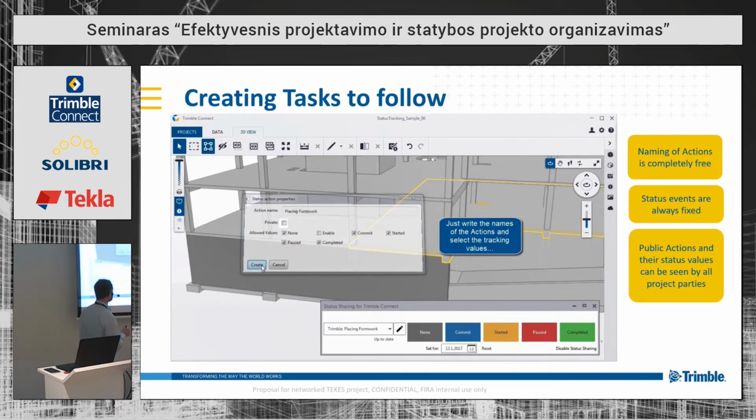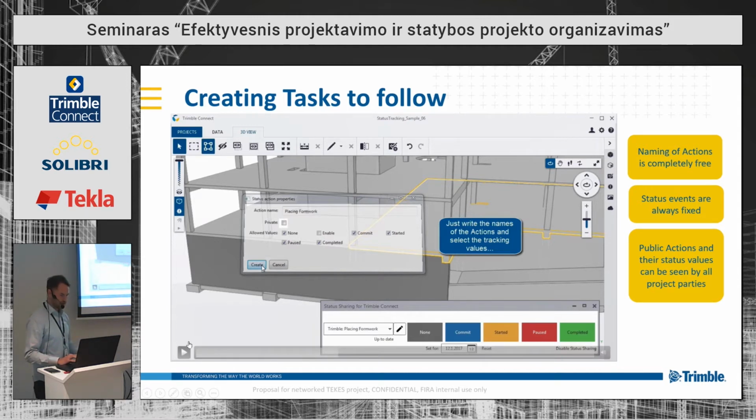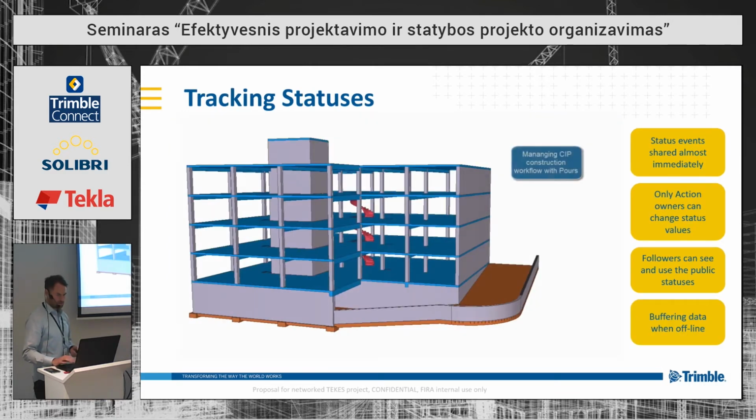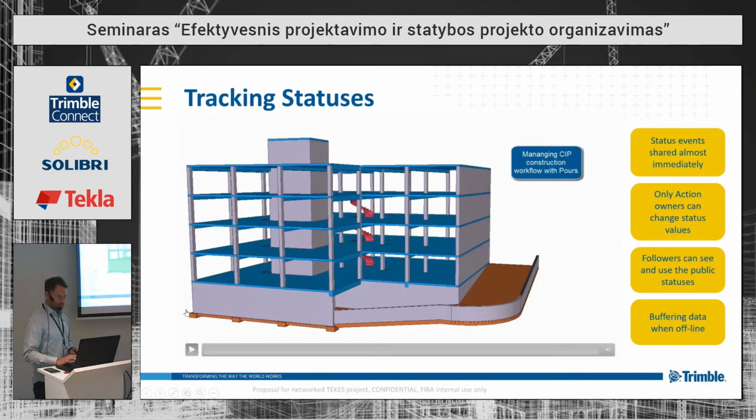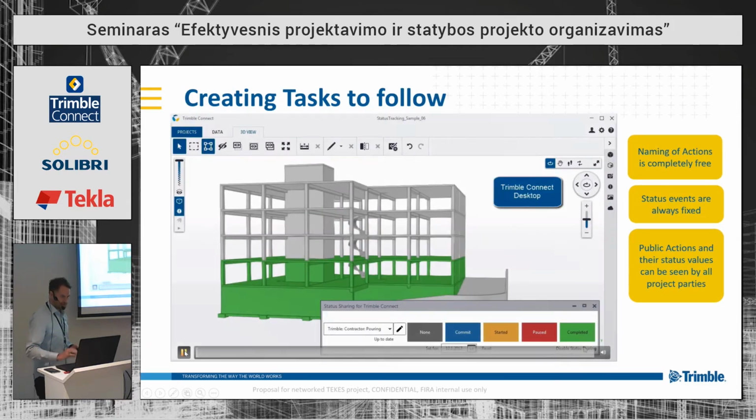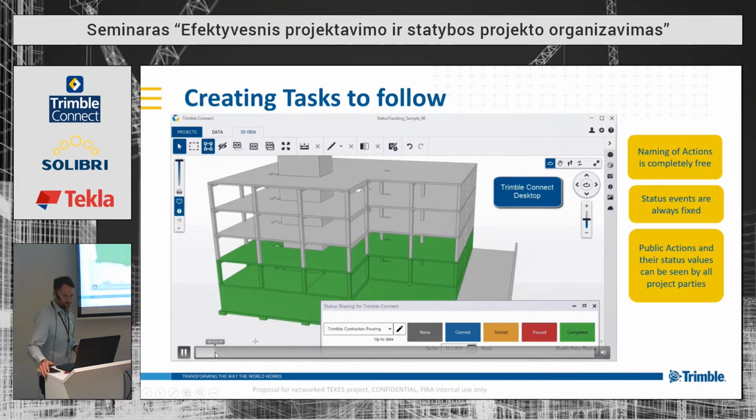In this case we are following the formwork task, and first of all we want to share this information with all the project parties, so we don't want it to be private. It could be private if we are following some company-internal statuses. But in this case it's a public task that we start following.